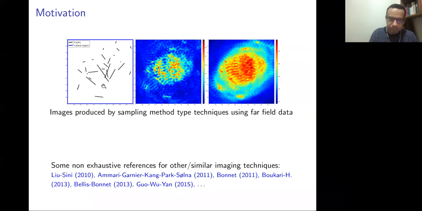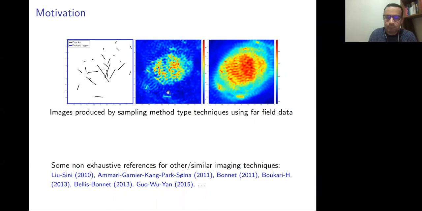And the cracks are closely spaced and very dense, so that if you apply any conventional imaging technique where the wavelength is comparable to the size of these cracks, you will obtain a blurred image of the region where the cracks are dense, and you can possibly identify the cracks that are outside this dense region.